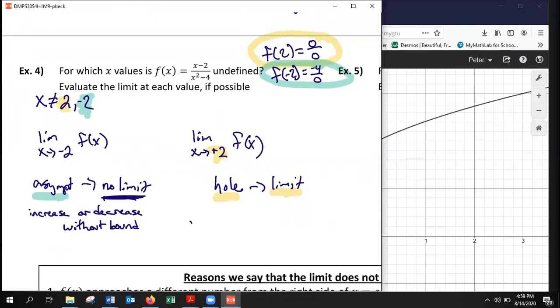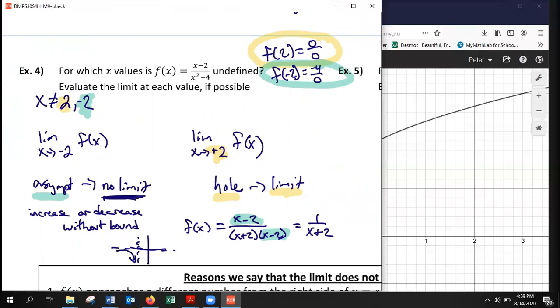And algebraically, what we could do is take this function and go ahead and factor it. So x plus 2, x minus 2, go ahead and factor it. And we can see what factors end up reducing. And when I say reducing, we end up removing those factors in order for us to find the limit. And graphically, we know that that's going to look like a vertical asymptote of x equals -2, horizontal asymptote of y equals 0.